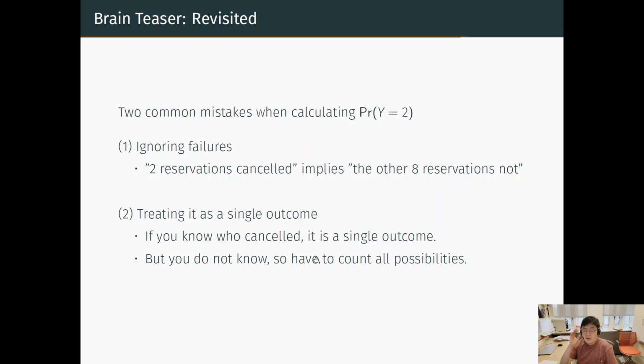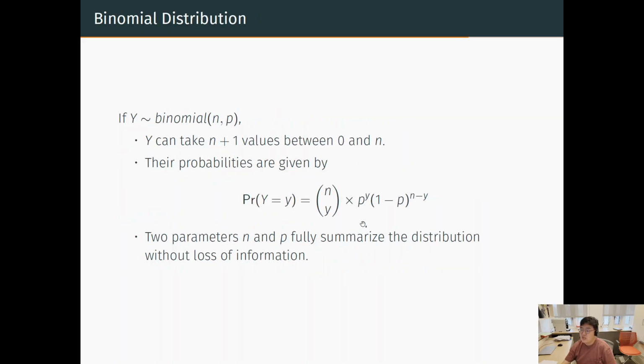Okay, so I hope these 2 videos explain how we got the probability distribution, the formula. So in the end, to sum up, if the random variable y follows a binomial distribution with parameters n and p, that means y can take n plus 1 different values, different outcomes between 0 and n.